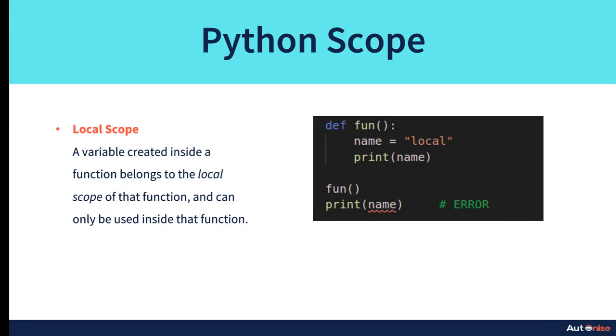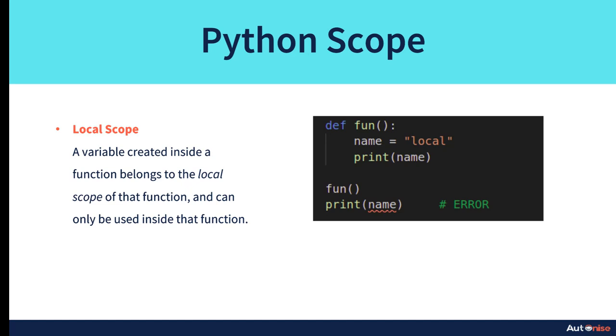Scopes in Python. What is a scope? Scope is an area or the positions where a variable can be seen. So when we define a variable inside a function, what are the places where we can actually see this variable?